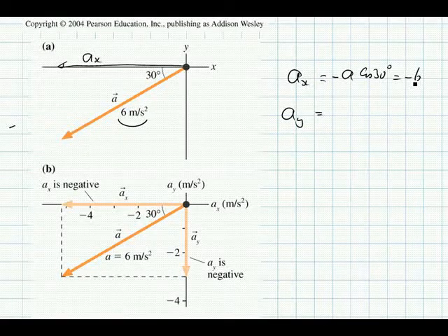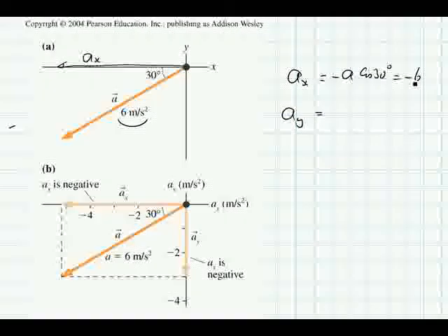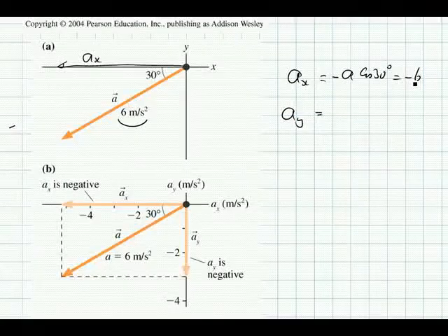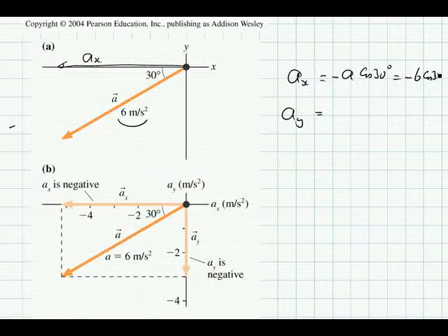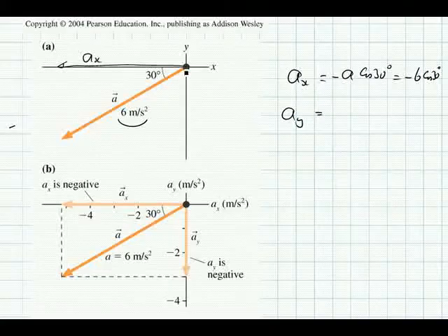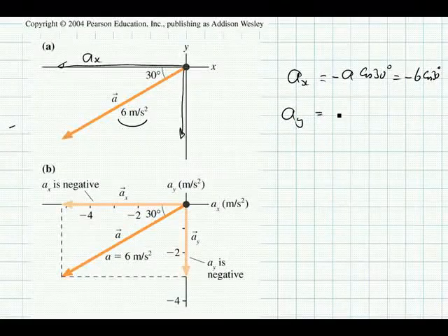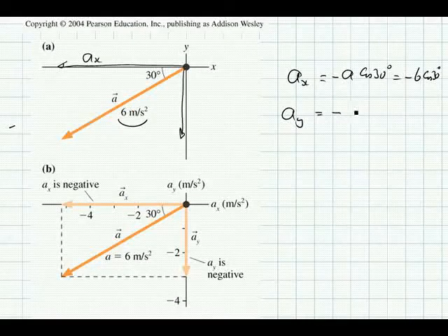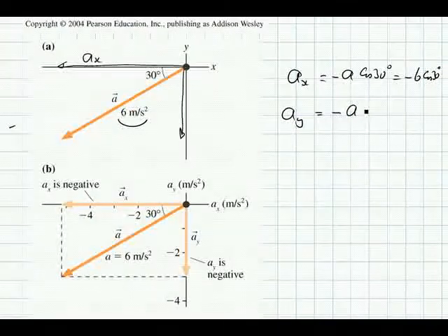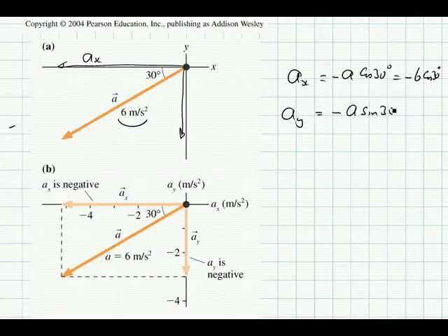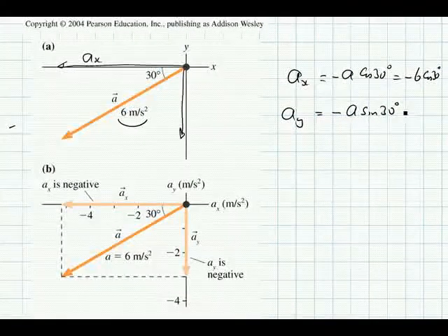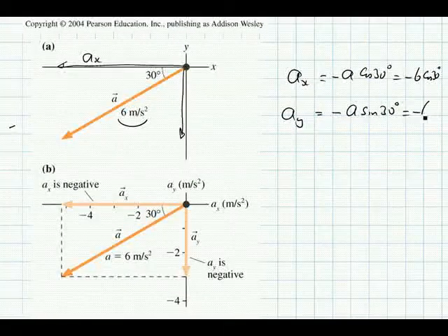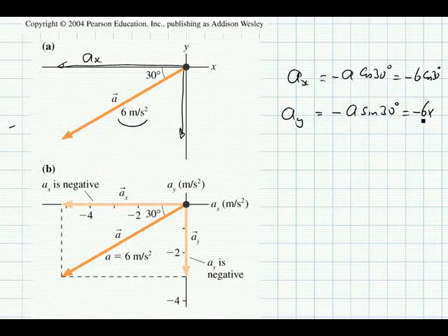whatever that number is, cosine 30 is 0.87. Well, let me just write it as cosine of 30 degrees, okay? And Ay also is a negative number, and that's A times sine of 30 degrees. Now that I do know. So that's minus 6 times a half.